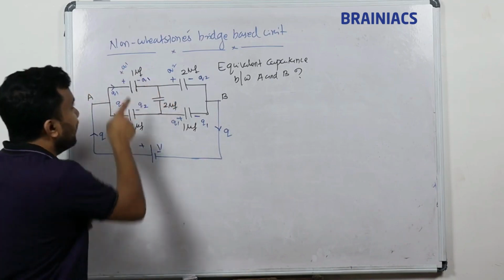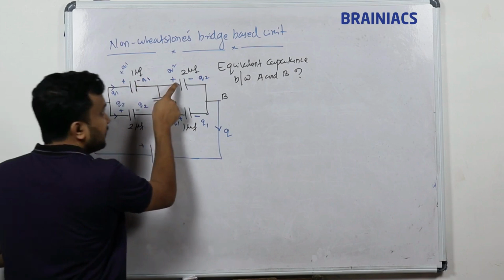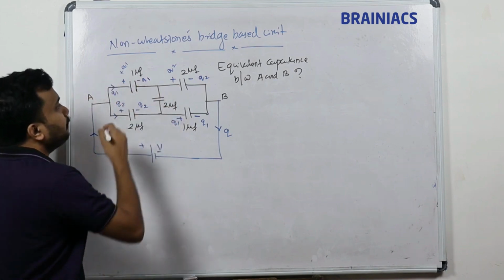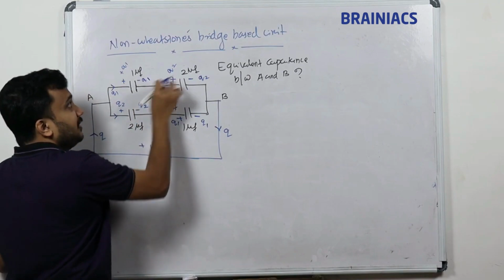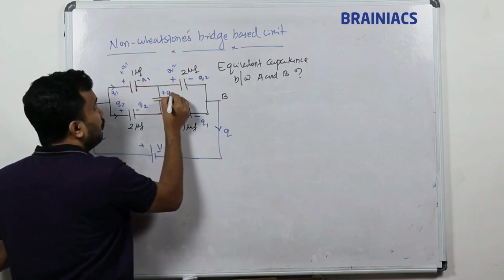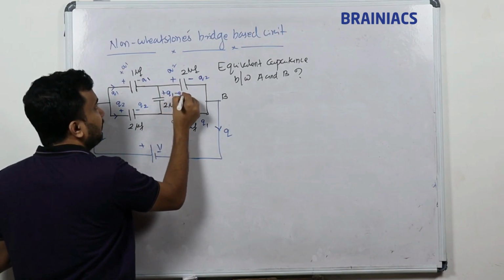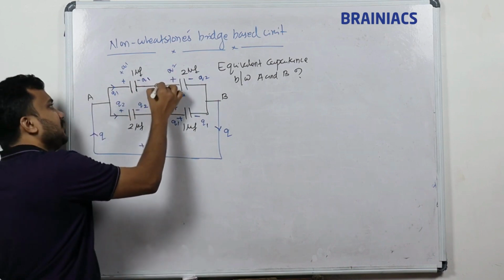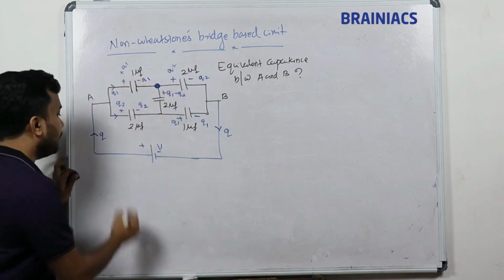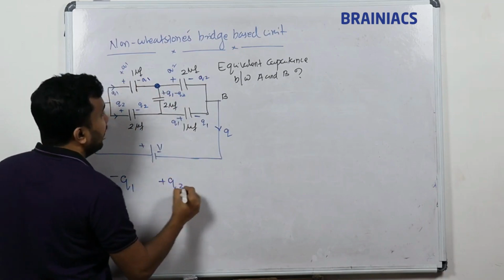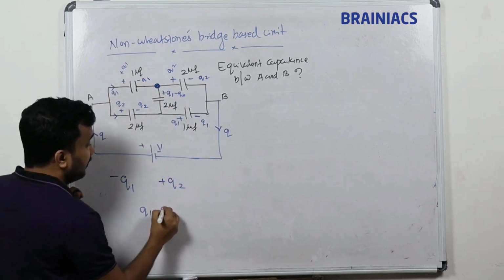So here if you see minus Q1 on the left side, plus Q2 will be there. Here it is opposite because the total should be equal to 0. So here I can write, listen very carefully, Q1 positive and Q2 negative. Now if you add all these at this junction it is equal to 0, because you have on the left minus Q1, on the right plus Q2, and on the bottom Q1 minus Q2.